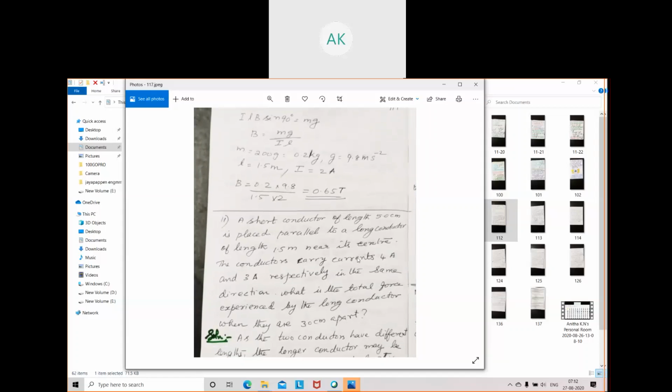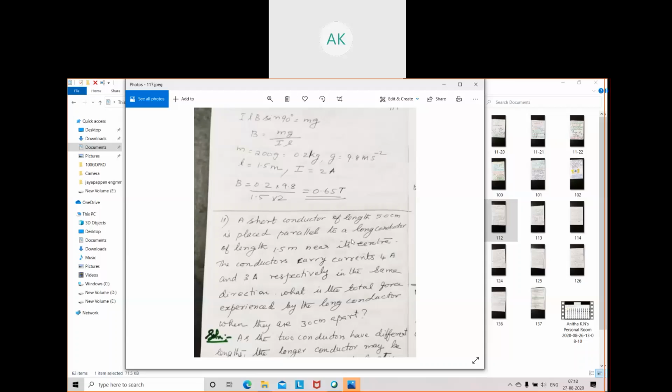A short conductor of length 5 centimeter is placed parallel to a long conductor. Here we are discussing the case of two straight parallel conductors carrying current. In that case, what is the force experienced? A short conductor of length 5 centimeter is placed parallel to a long conductor of length 1.5 meter, near its center.